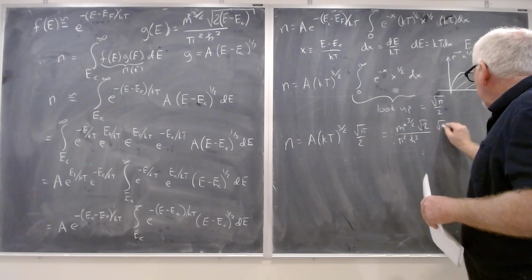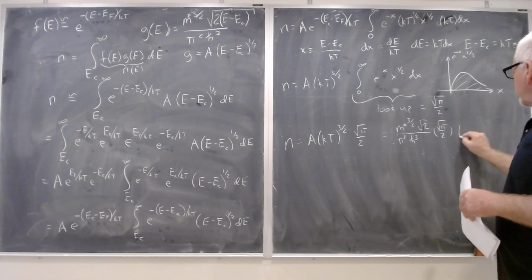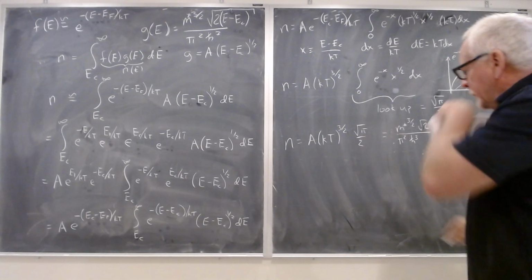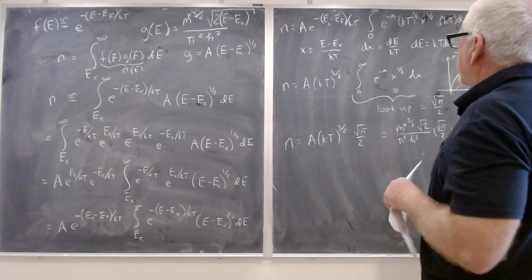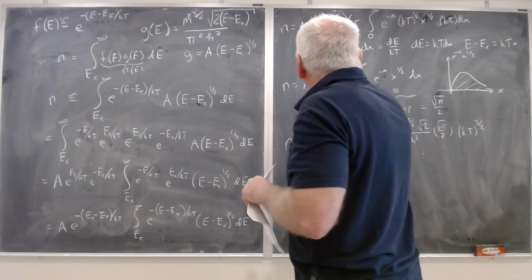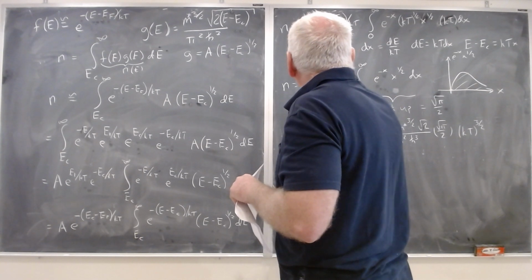I'll put that there. That's our integral. And kT to the 3/2. Oops. Okay, I left out the most important part here. I forgot to include my e to the minus EC over.